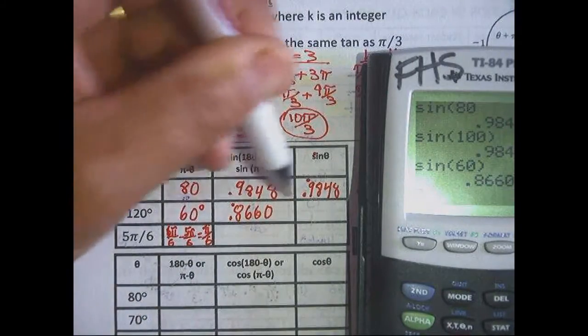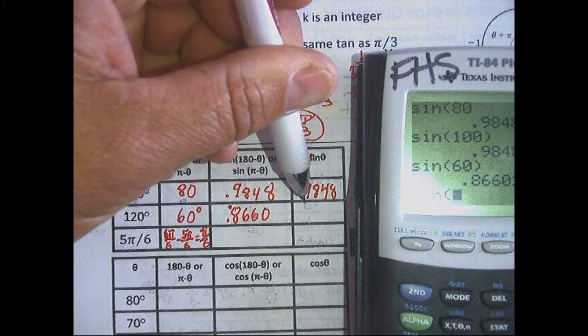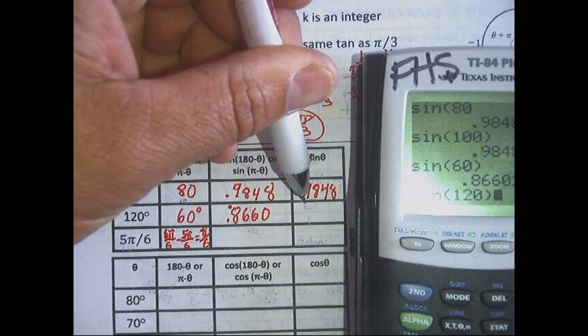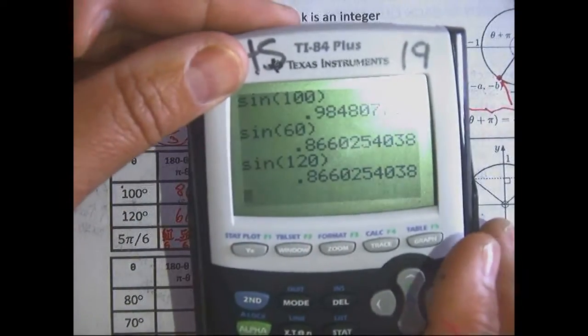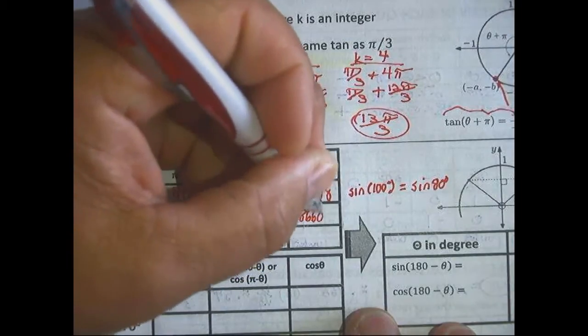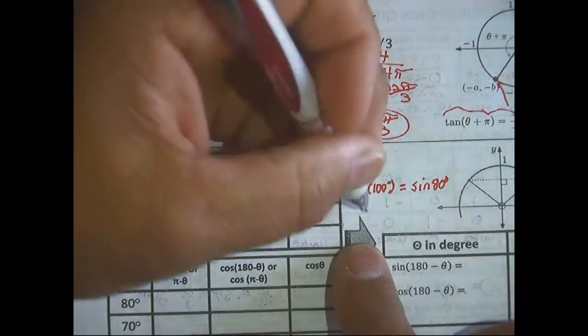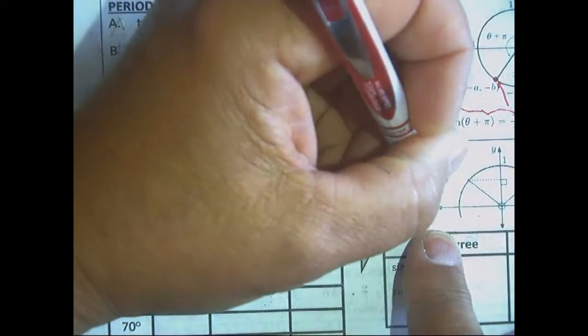And if I did the sine of 120, they're the same thing. You're getting the same answer. So what that's telling you is the sine of 120 is the same as the sine of 60.